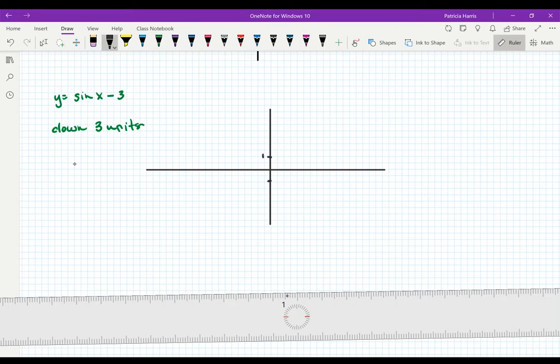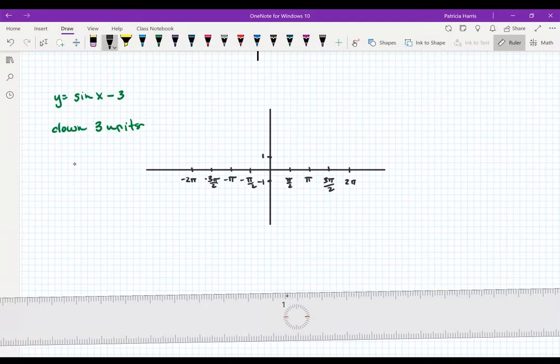And I know the amplitude of sine is 1. And I know the normal period of sine is 2 pi. I'm going to go ahead and label everything. Oops, forgot my negatives.